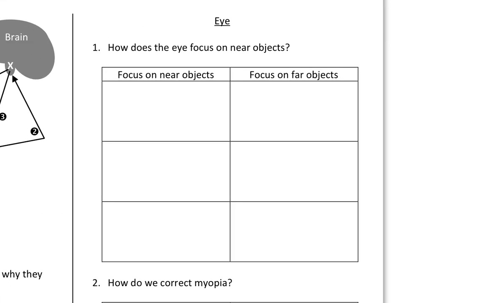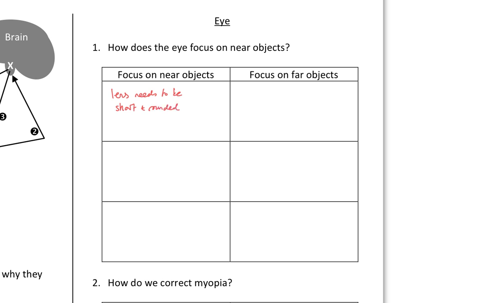And then lastly, we've got the eye. And I've got here, how does the eye focus on near objects? If we do a near object, then I'm just going to show you that it's the opposite for the rest. So if we focus on a near object, this is where the lens needs to be short and rounded.